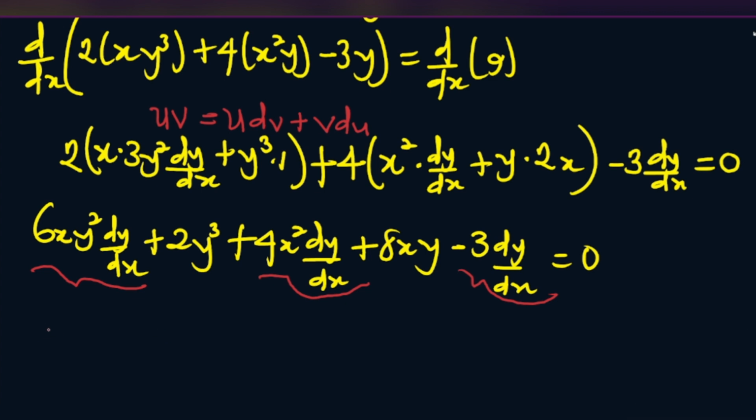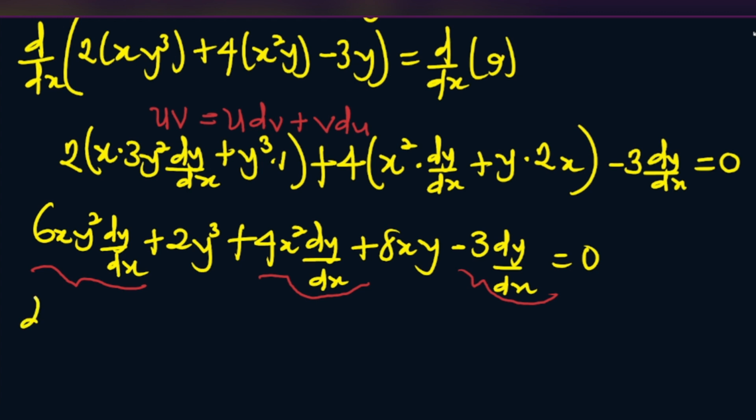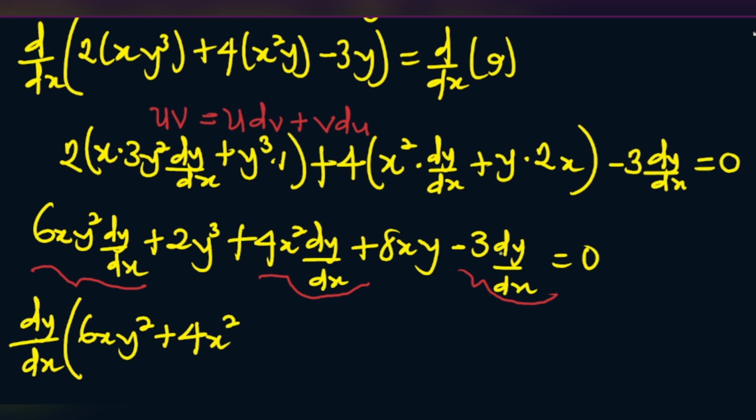So here we would have dy dx all into, we will be left with 6xy squared plus this particular term, we would have 4x squared. On this hand, when you factor out dy dx, we're going to be left with minus 3.